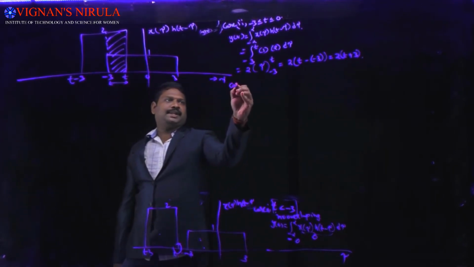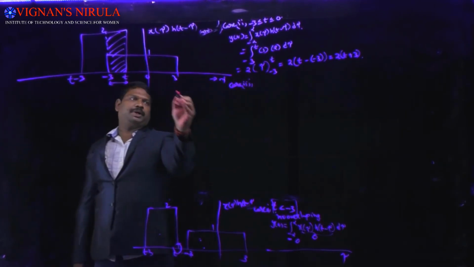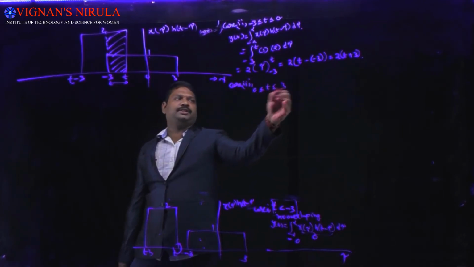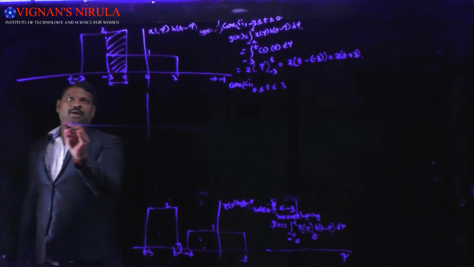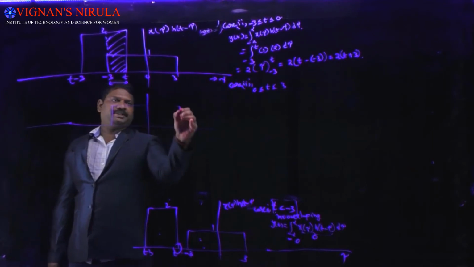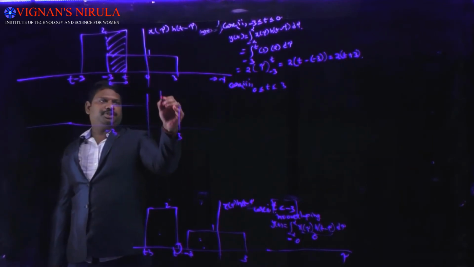In case 3, let t be shifted to this particular position, that is 0 less than or equal to t less than 3. Third case, minus 3 to plus 3, and this t will be shifted to here.